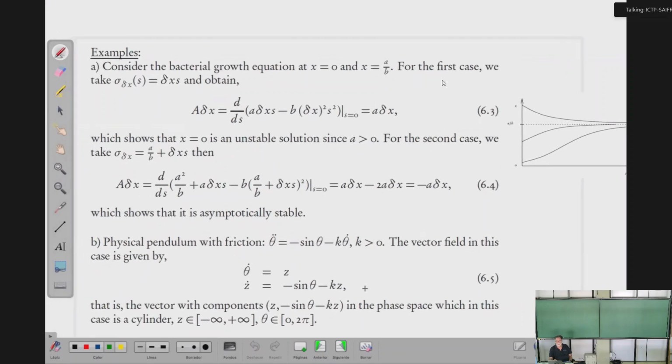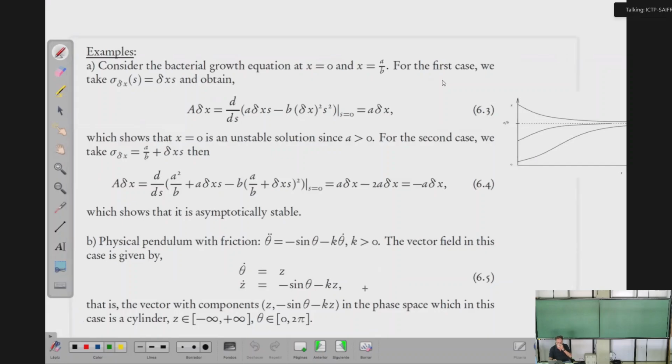Let me give you these examples and then we stop for a while. We take a rest. So the first example is the equation we saw first, the dt of x equals ax minus bx squared. And so to see the stability of the stationary points, we have one at x equal to 0 and one at x equal to a over b.